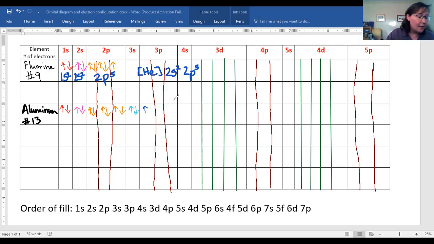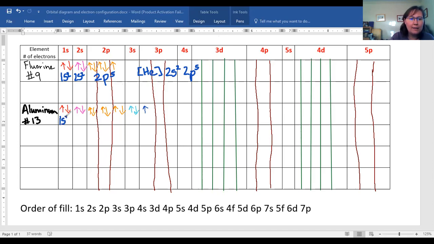Okay, so that makes sense. I just have one there. All right, and so then I come over and I say, okay, well, let's write our electron configurations. You only have to do the arrows if you're asked to find an orbital diagram, okay?